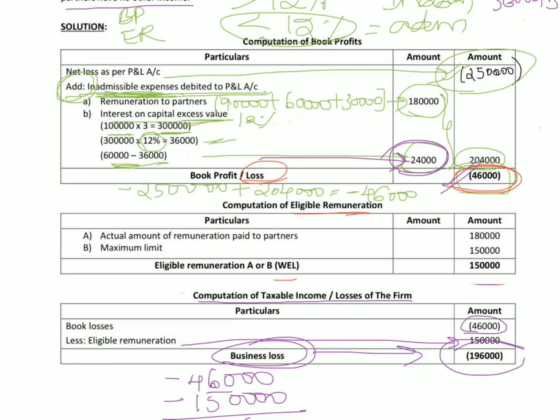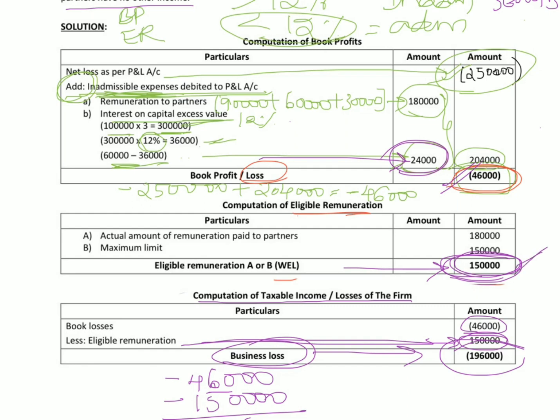But the allowable remuneration considered here is 1,50,000. That means to the extent of 1,50,000, this firm has escaped paying tax, as they have deducted 1,50,000 here. So to the extent of the eligible remuneration the firm has gained by deduction, that will be taxed in the hands of partners.